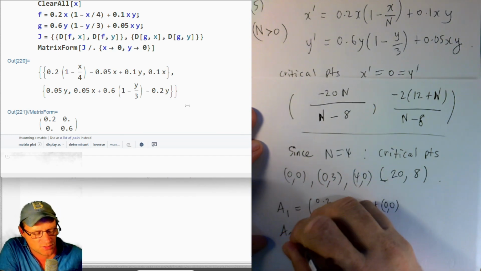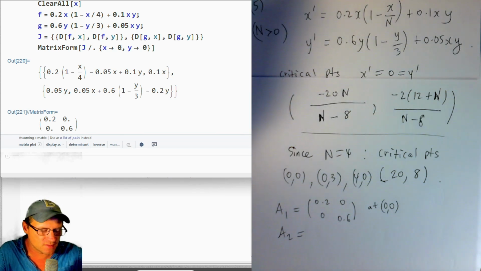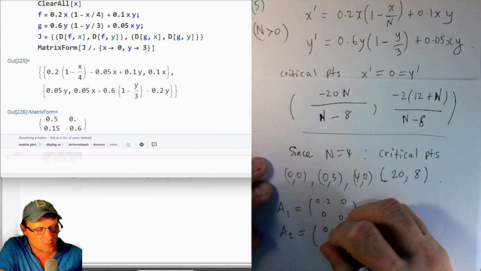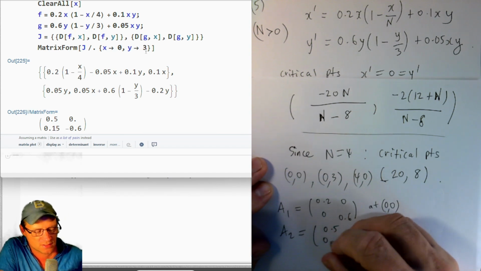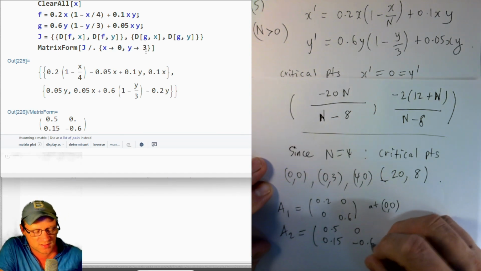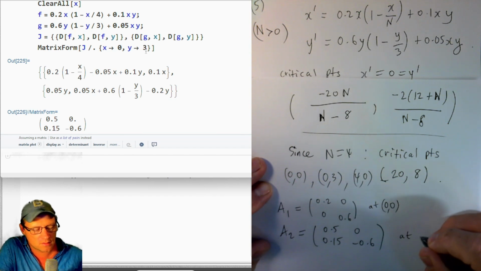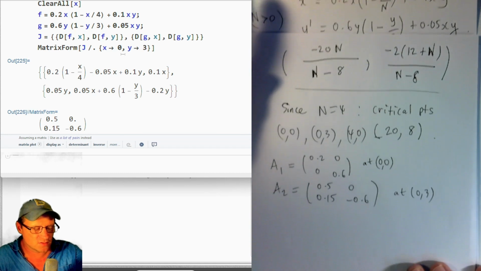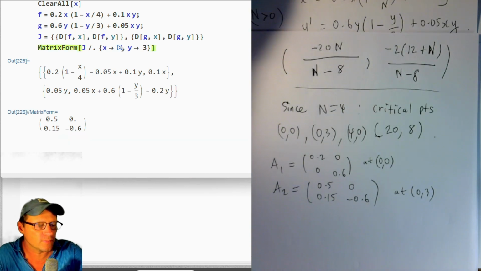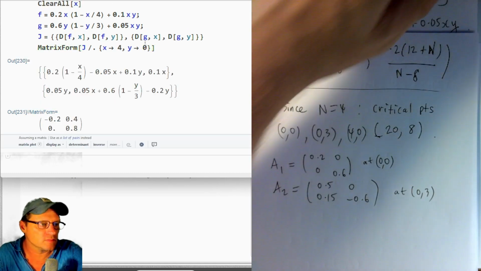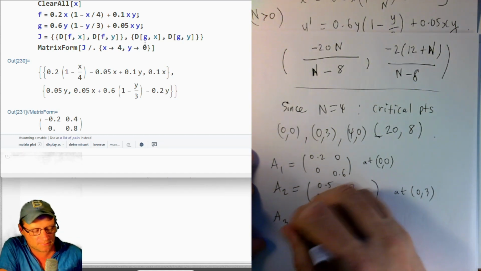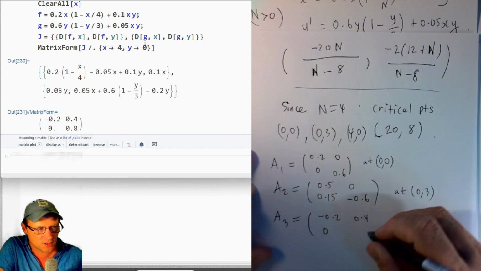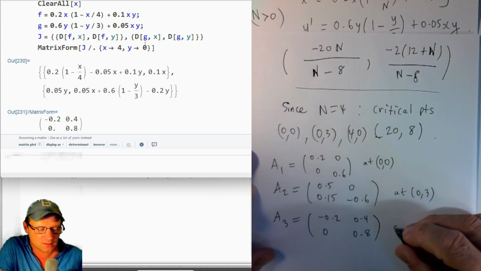And that's at 0, 0. Okay, then we have A2. Let's do the same thing for that. So 0, 3. So 0.5, 0, 0.15, and minus 0.6. Okay, so next, let's do the same thing for 4, 0. So A3 is minus 0.2, 0.4, 0, 0.8.